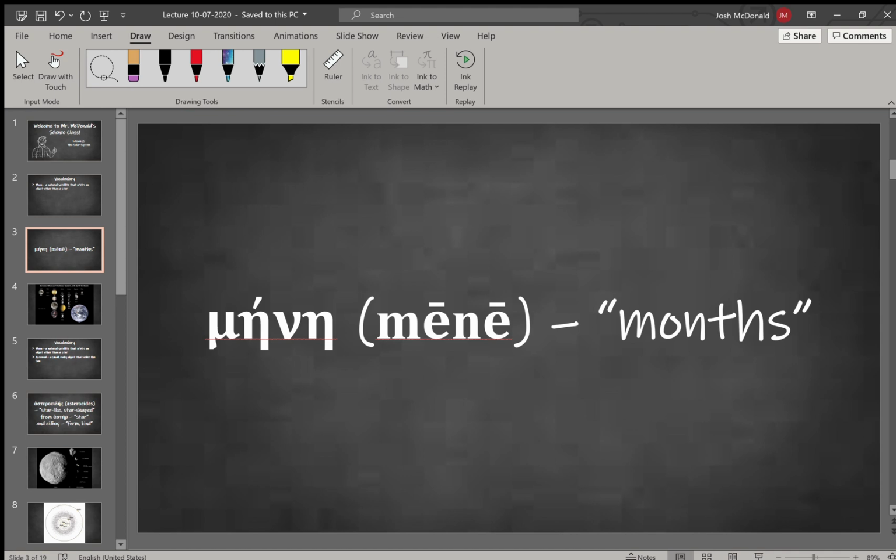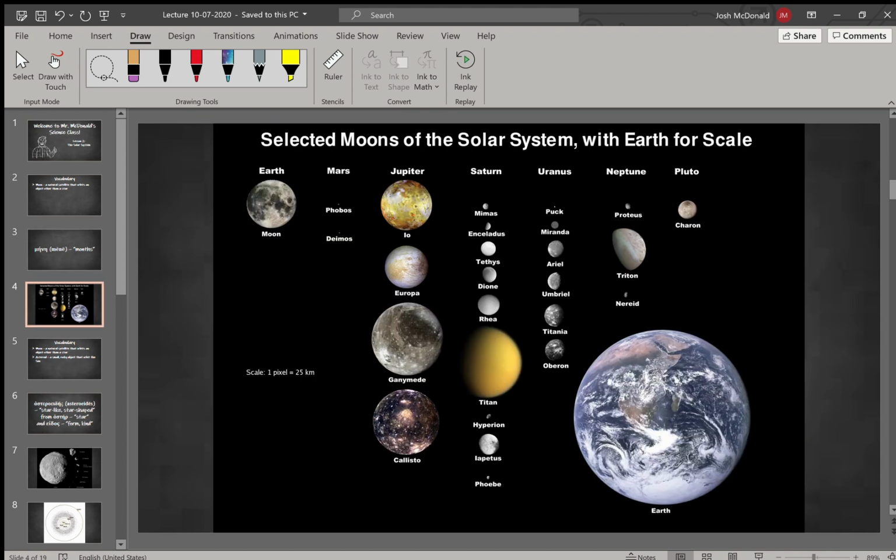And so, just to give you an idea of some of the different moons in our solar system and their sizes, here is Earth, and here's our moon up in the top left there, and some of the moons of the other planets. Mars has very small moons, whereas Jupiter has very many, Saturn has very many, and Jupiter has four very large moons.